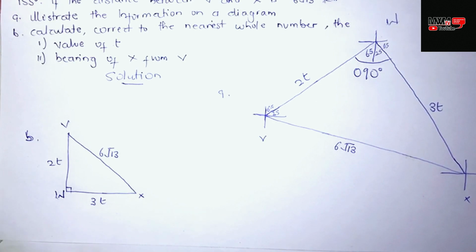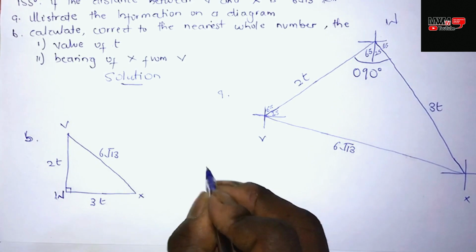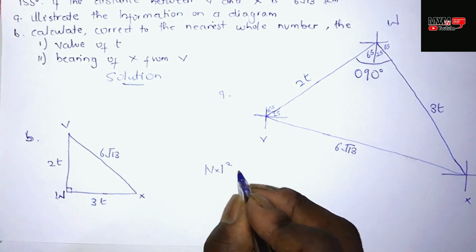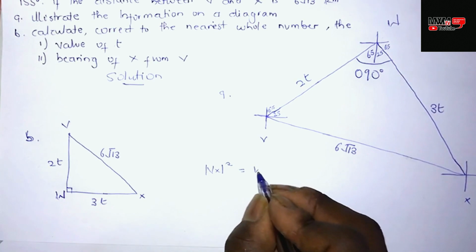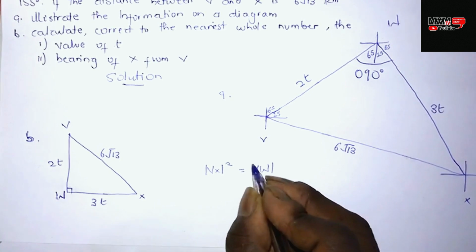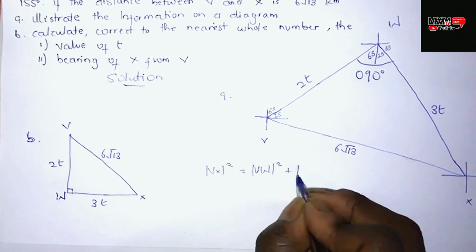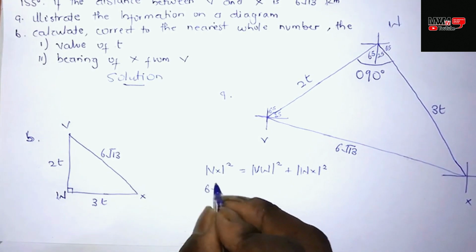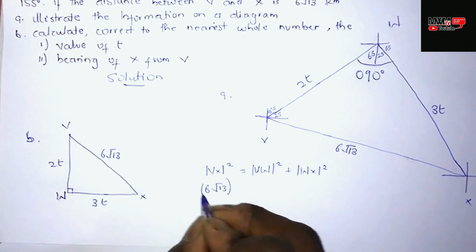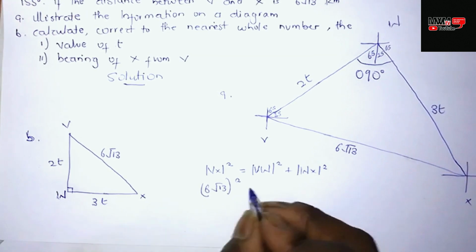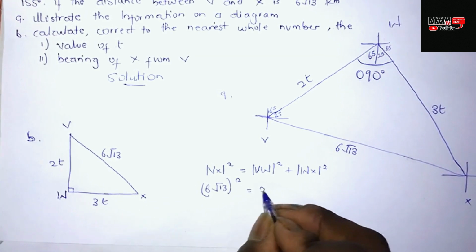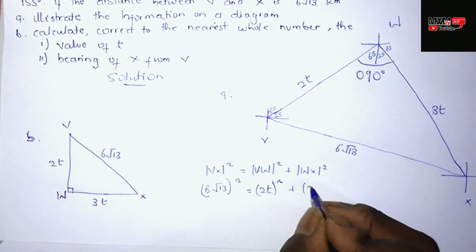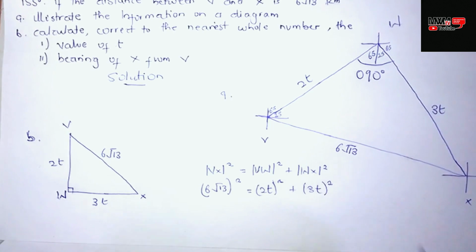By saying that the square of the hypotenuse, so VX squared, should be equal to VW squared plus WX squared. So 6 root 13, all squared, is equal to 2t squared plus 3t squared.